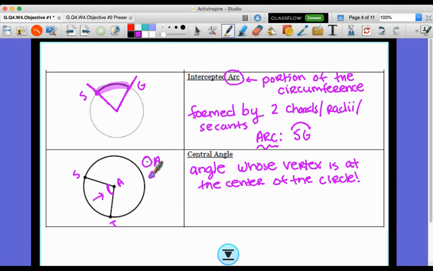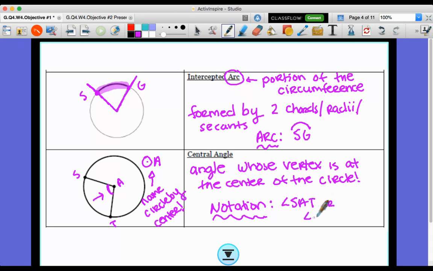You name a circle by its center. So the notation for this, it's going to be an angle, right? Angle SAT. Or we could have called this angle A. No, we couldn't have. Angle TAS. Right? The vertex, the center, has to be that middle point.